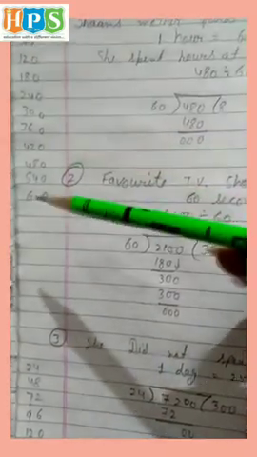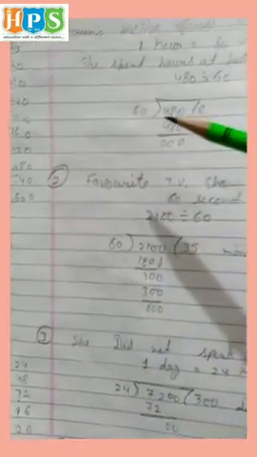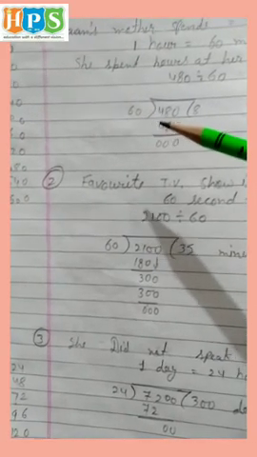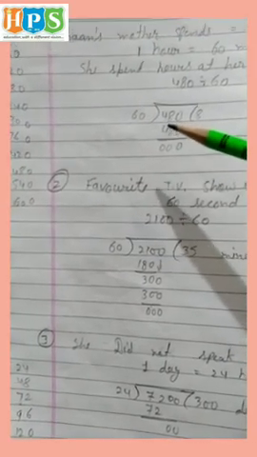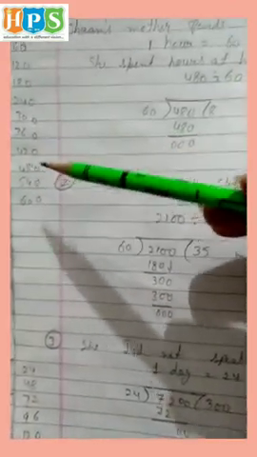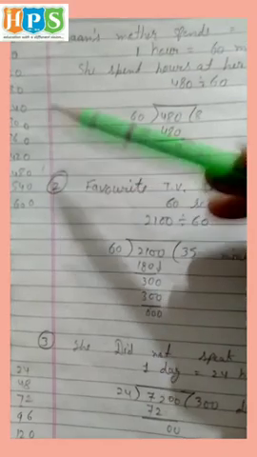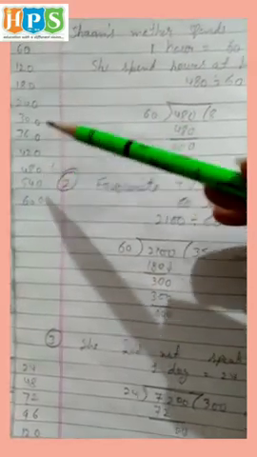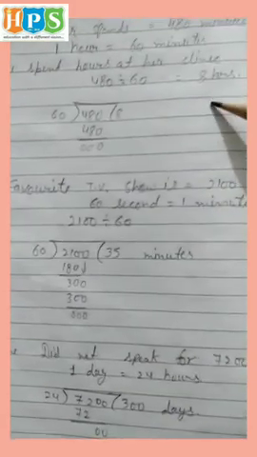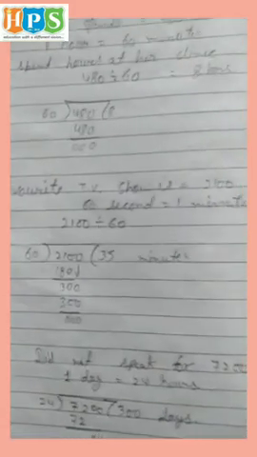This is the table of 60. 60 divided into 480: 480 comes at 8 times in this table. So 480 is equal to 8 hours.